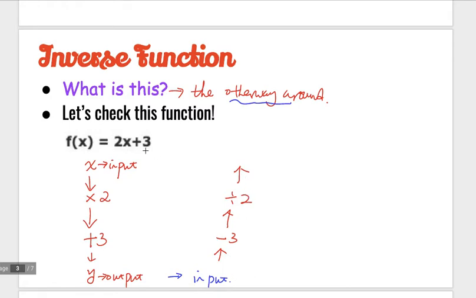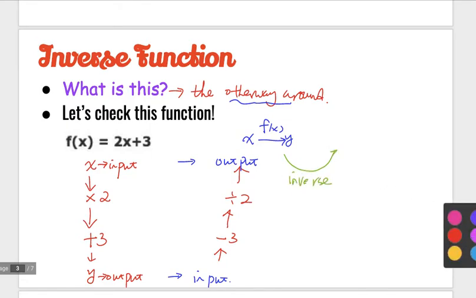And then the original input will become my output. So an easy way to think about this: the original function is x to y, and then the inverse, let me write it differently, the inverse is going to be y to x.